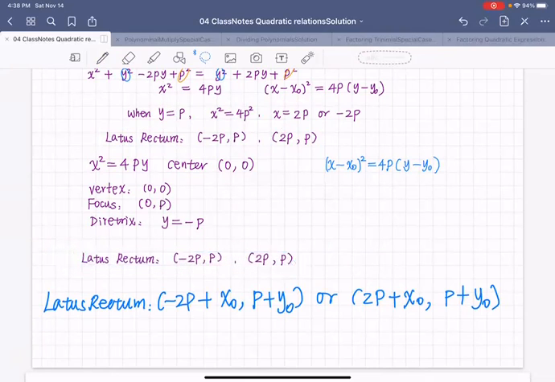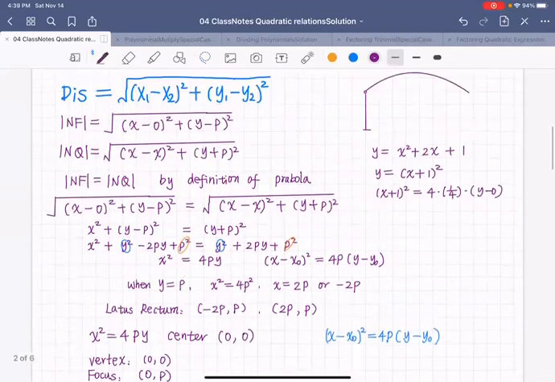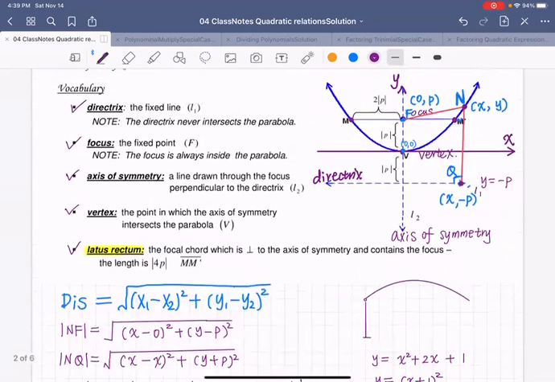And also the axis of symmetry. The axis of symmetry is x equals 0.